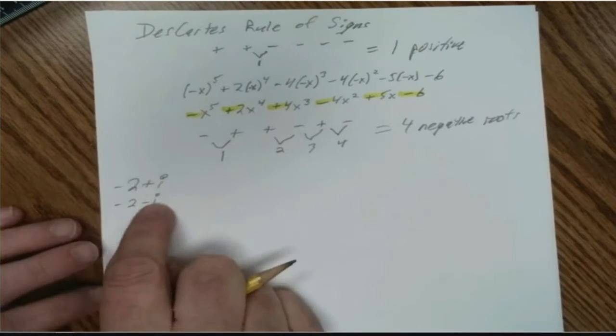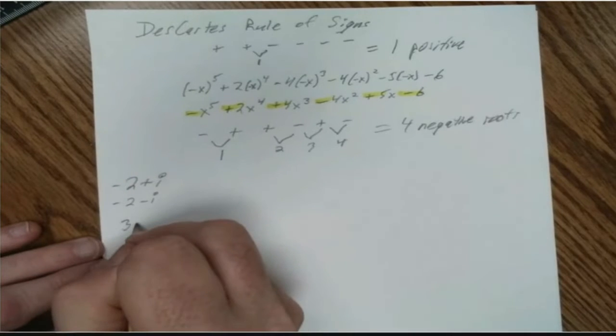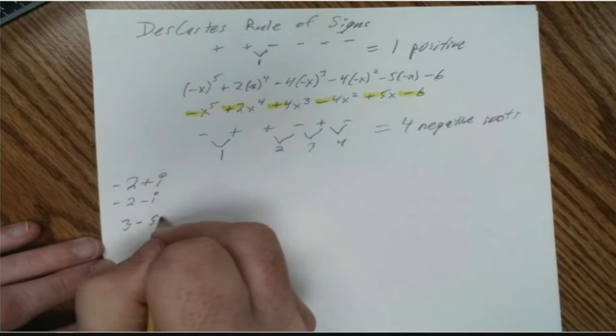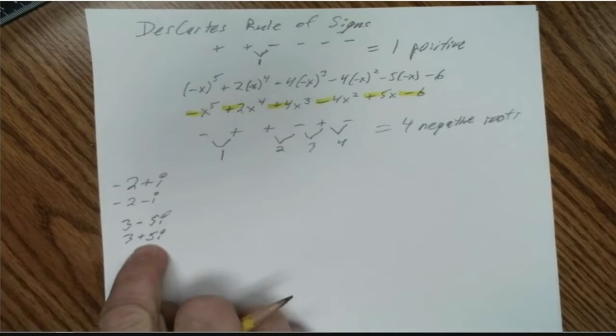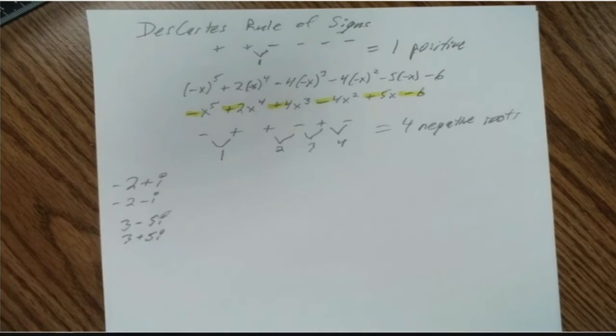Whatever the plus is, there's also a minus. If the root was 3 minus 5i, that means 3 plus 5i is also a root. They always come in pairs.